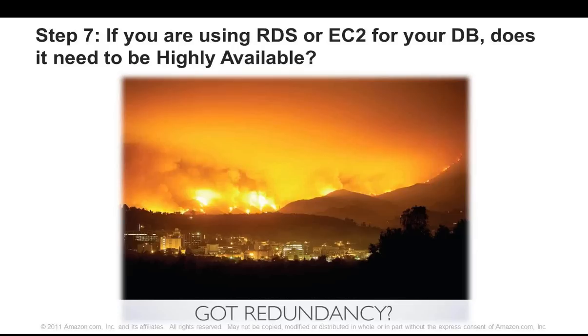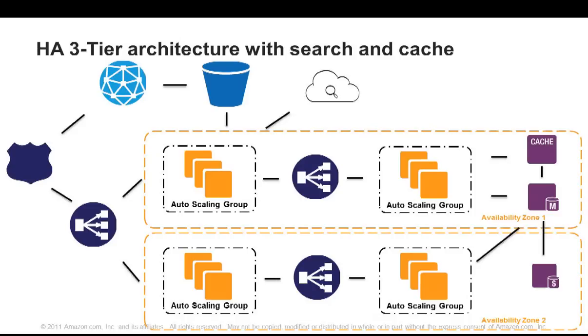As this fire was approaching, they realized that they had quite a few apps that had dependencies within a single data center. And so depending on your needs for your app or your website, you may want to extend that to actually have your database ready in a separate availability zone.